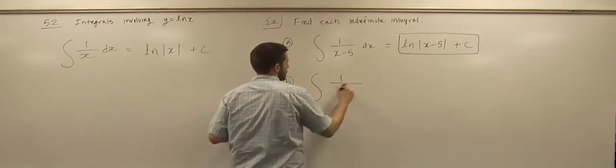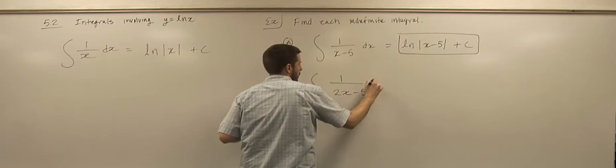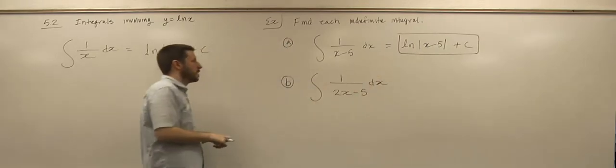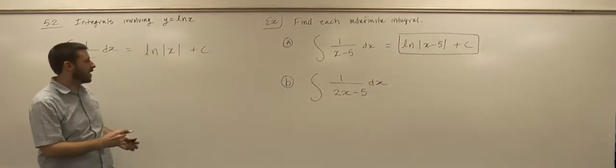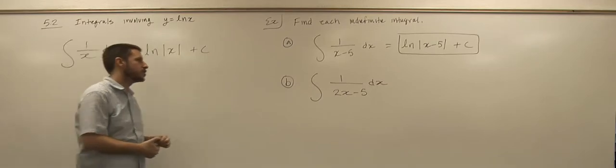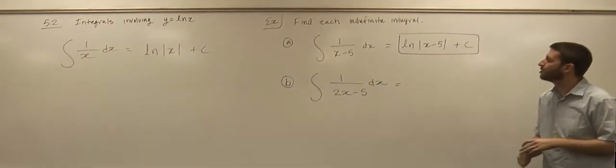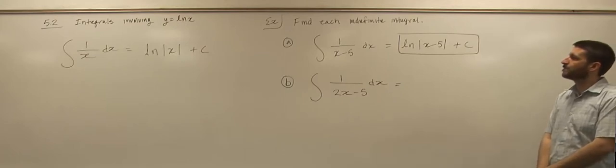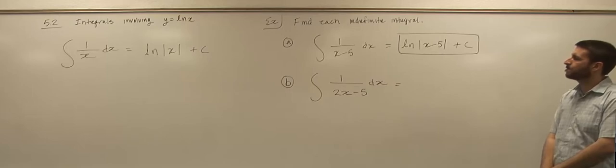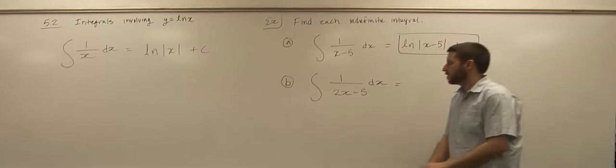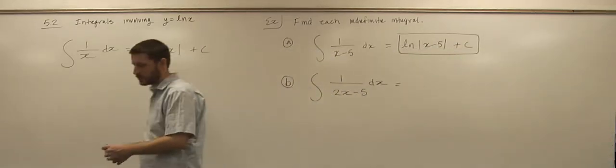Let me give you this again instead. Suppose I make it 2x minus 5. What's the integral of 1 over 2x minus 5? Do you think it's this?